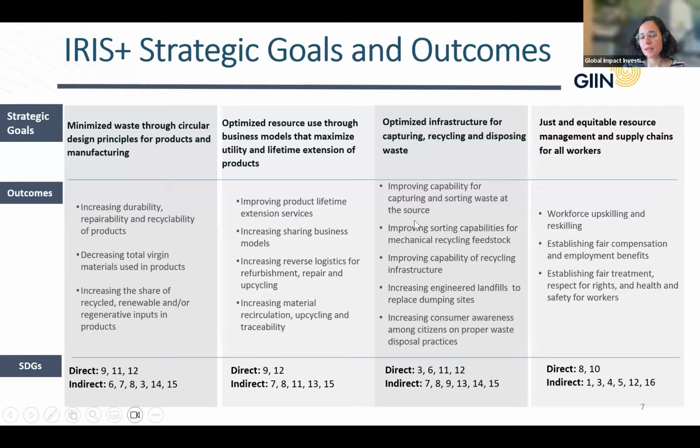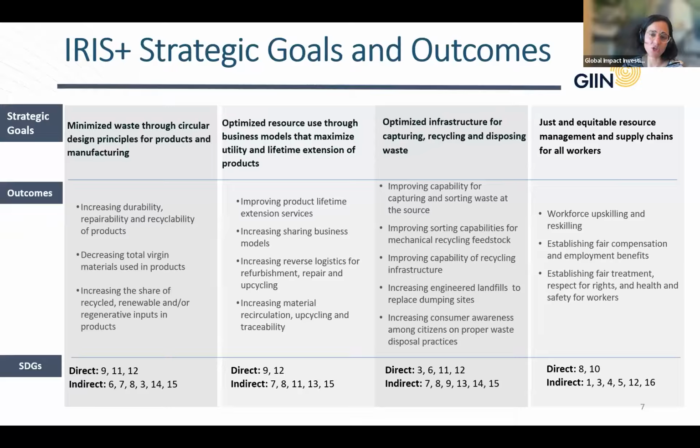But then, of course, there is currently a huge amount of waste, and there's going to be waste generation for the foreseeable future. So we also need an optimized infrastructure for capturing, recycling, and disposing of waste, as well as a need to really look at the justice and equity aspects of resource management across supply chains for all workers, and in particular with regards to the focus of the content that you will find on the website.